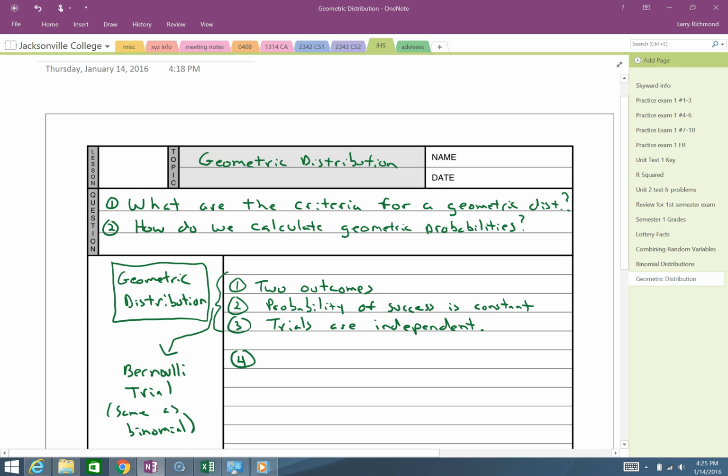The fourth characteristic that separates the geometric from the binomial is that in this case we are going to try until first success. Previously, with our binomial, the number of trials were fixed.